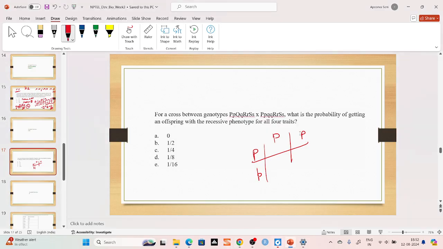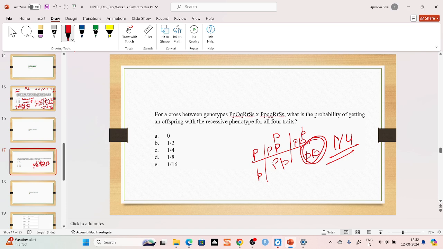That is fine. See, if this is P and this is a small p, when I make the Punnett square, 1 by 4 would come. This is actually recessive, madam. We make the Punnett square, 1 by 4, 1 by 4. Actually, it is 1 by 16, 1 by 16, 1 by 16, three times.